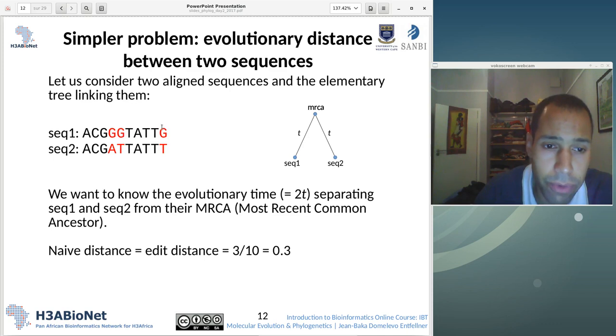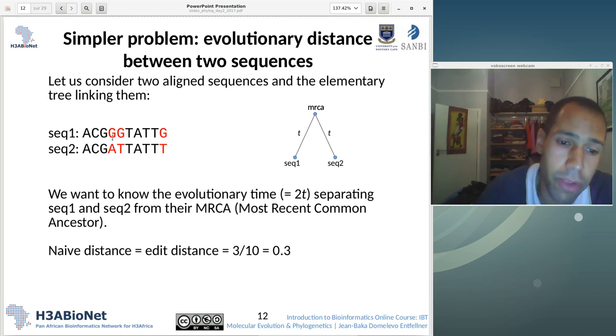So the first distance we can imagine is the ratio of sites where we see a difference divided by the total number of sites, which is the length of the alignment. Here the length of my alignment is 10 nucleotides, and I see 3 sites that are different between sequence 1 and sequence 2. So I can say my first edit distance is 0.3, 3 divided by 10. Let's have a break here.